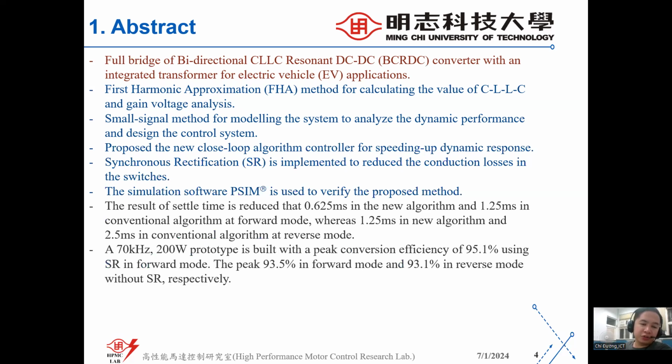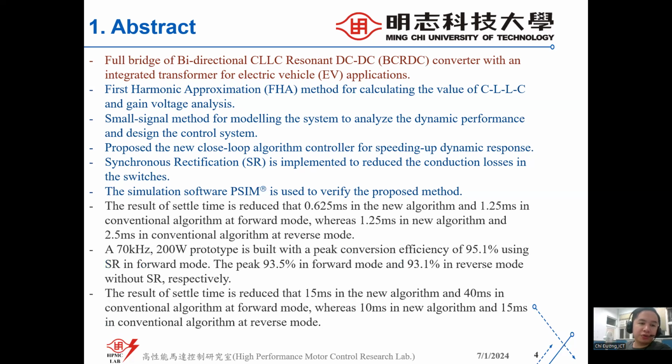A 70 kHz, 2 kW prototype has a peak conversion efficiency of 95.1% using SR in forward mode, and 93.5% in forward mode and 93.1% in reverse mode without SR. And the settling time of the prototype is 50 milliseconds in the new algorithm and 40 milliseconds in the conventional algorithm at forward mode, and 10 milliseconds in the new algorithm and 15 milliseconds in the conventional algorithm at the reverse mode.